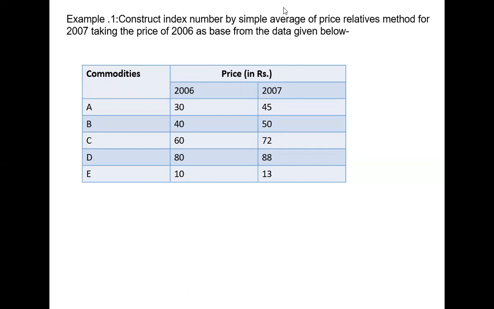Like we said, the first thing is to find the price relative. So you create a column for the price relative, which will be the price in 2007 compared to 2006. You do that for all the commodities and then you sum it up. So that's step 2.